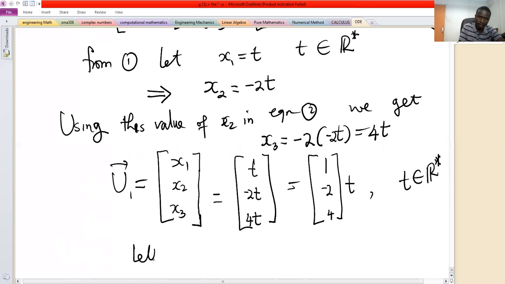So letting t be 1, then u1 will be the vector 1, minus 2, 4.